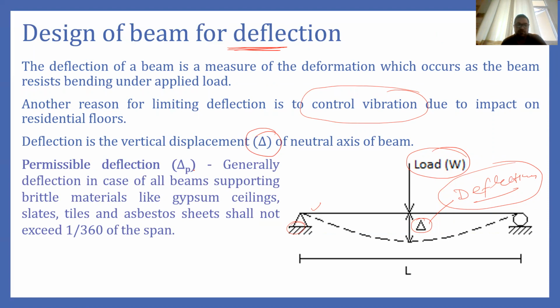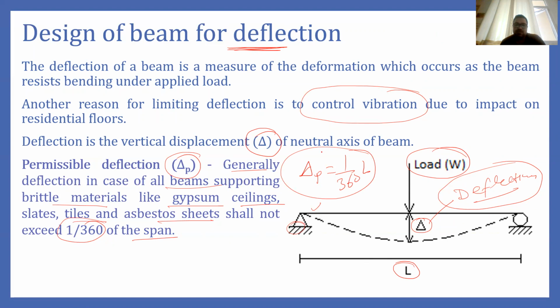We generally represent permissible deflection with delta P, and it says that in case of all beams supporting brittle material like gypsum ceiling, slates, tiles, asbestos sheets, the permissible deflection should not exceed 1/360th times the span, which means 1/360th times L. So delta P in this case is 1/360 times L. That is the limit of deflection given by the IS code.